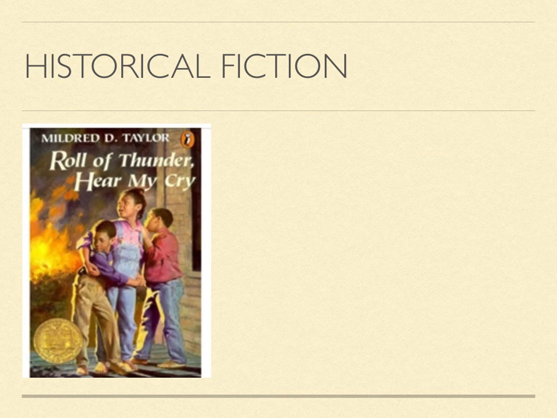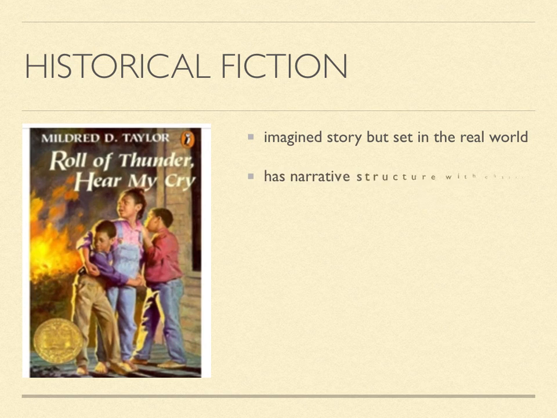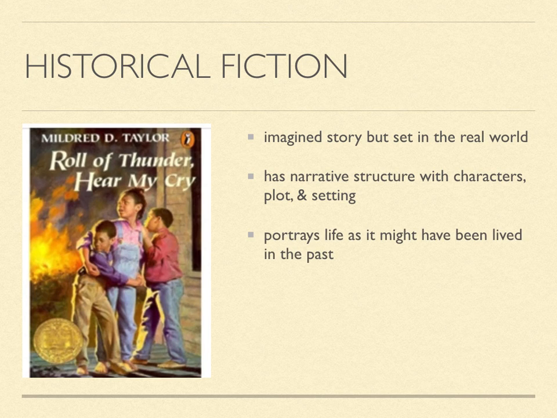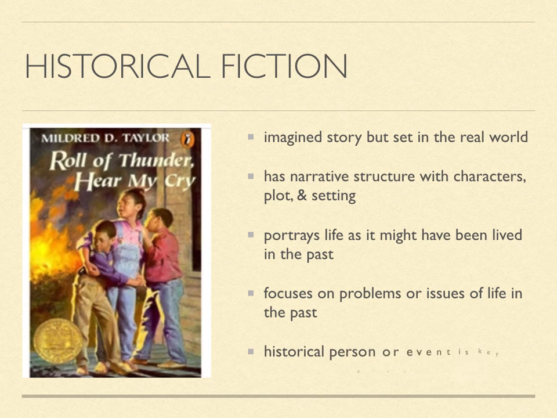Historical fiction is also imagined but set in the real world, also has a narrative structure with characters, plot, and setting. The significant difference here is that it portrays life as it might have been lived in the past. It focuses on problems or issues of life in the past, and a key element of historical fiction is that it has a historical person or character, someone who actually lived in the past, or events that are key elements of the story.